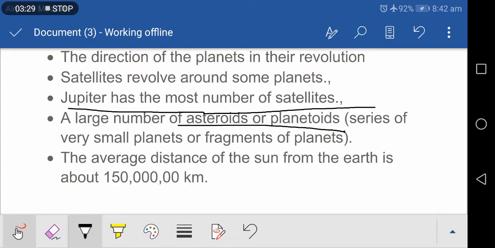Copernicus put forth the heliocentric view, with the Sun as the center of the solar system.